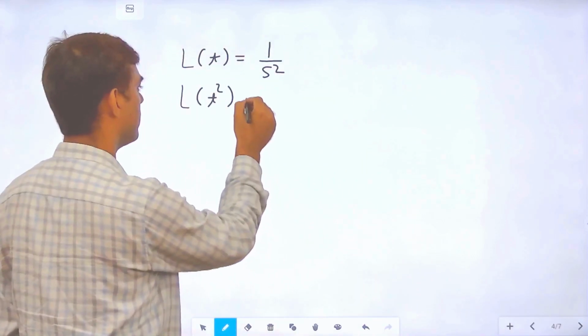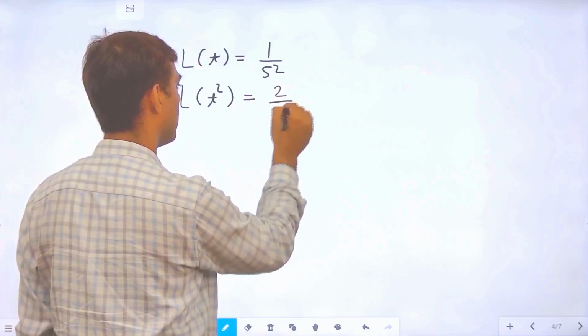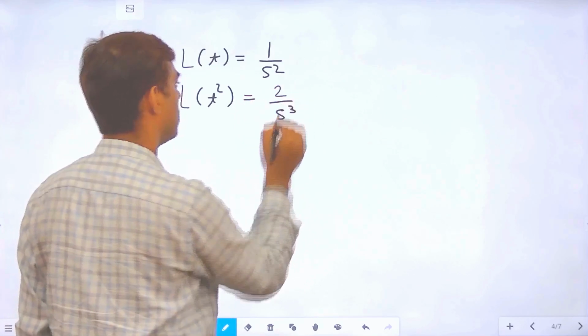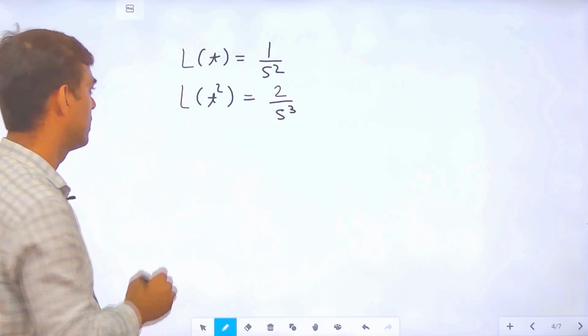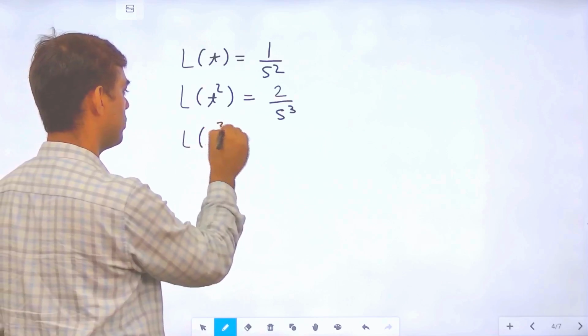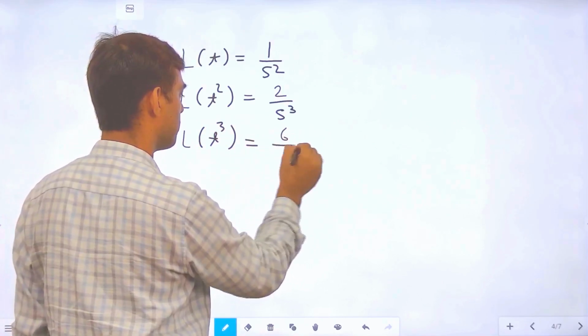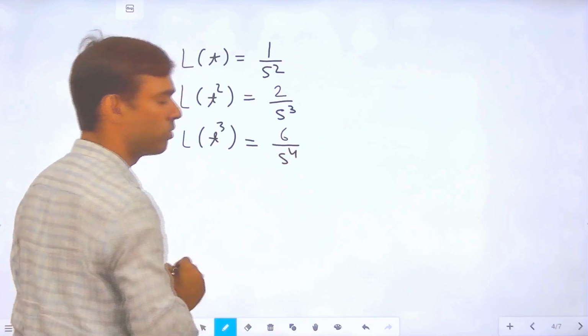Then we find 2 upon s cube. Similarly, if we find the Laplace transform of t cube in a similar manner, then we find 6 upon s to the power 4.